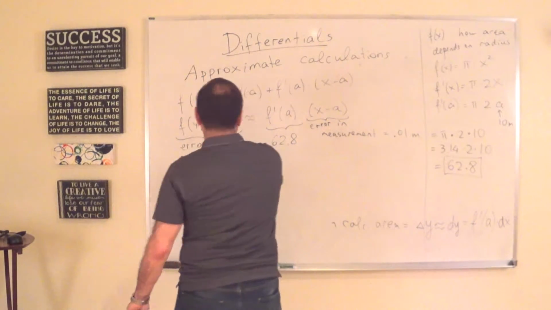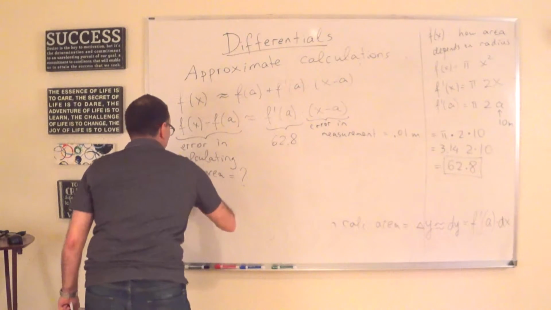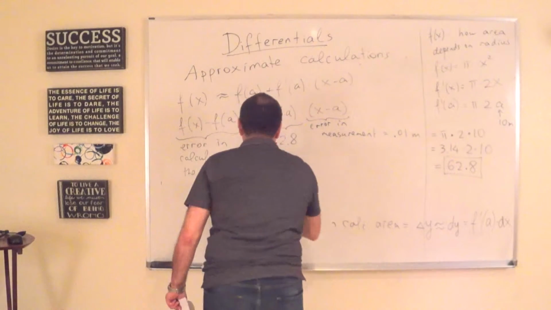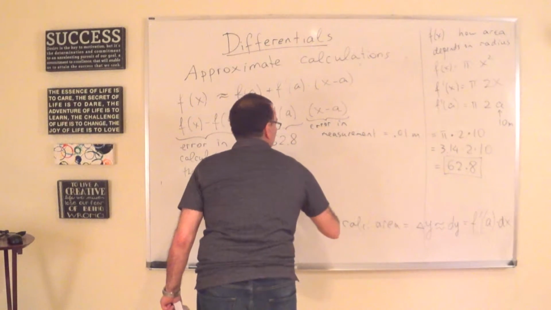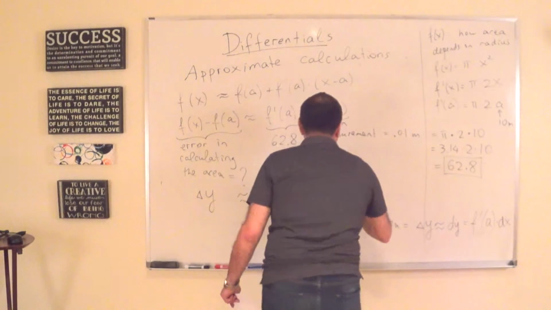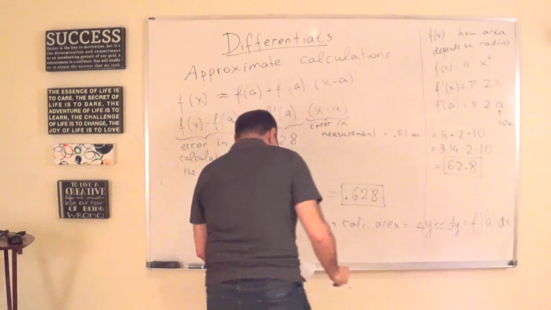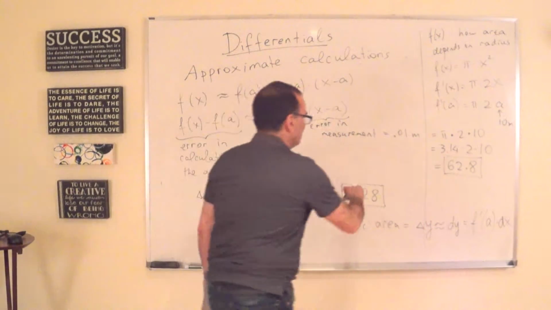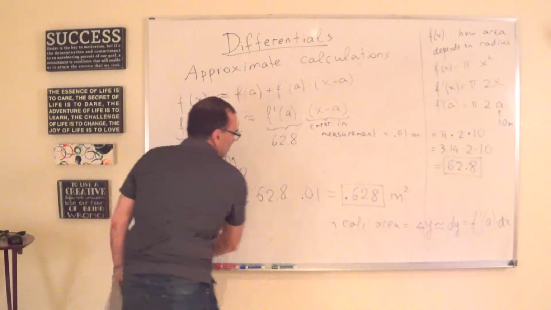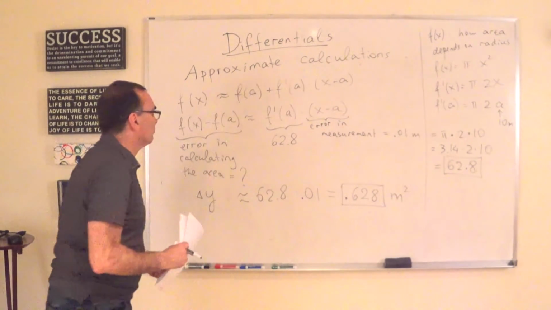So we get that the error in calculating the area, which is denoted by delta y, is approximately equal to 62.8 times 0.01, which equals 0.628. The units, of course, are meters squared, because we're talking about area.